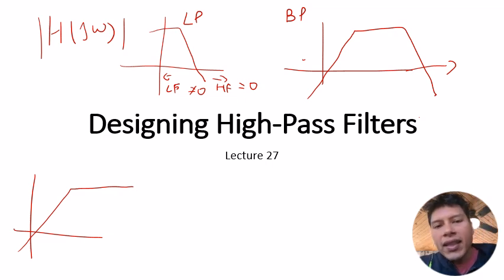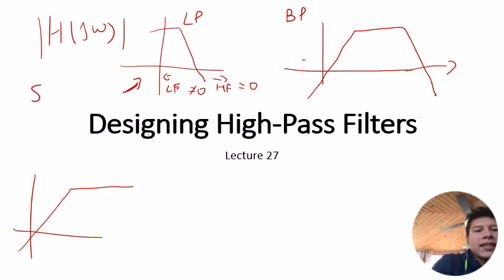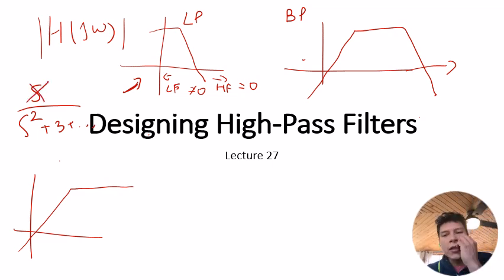Now, typically, for a low pass filter, by definition, there cannot be any zeros at zero. So this is like s squared plus 3 plus blah, blah, blah. There cannot be any zeros at zero.